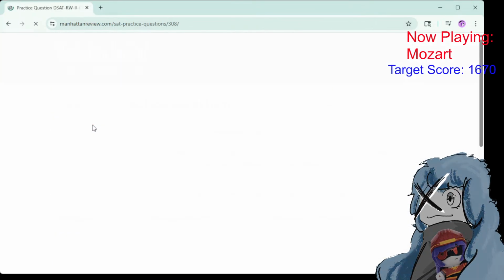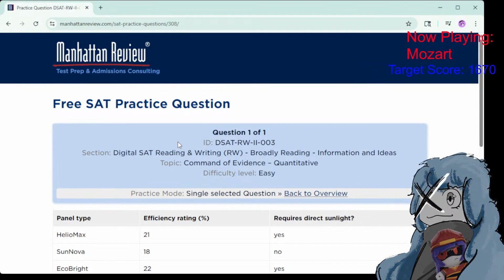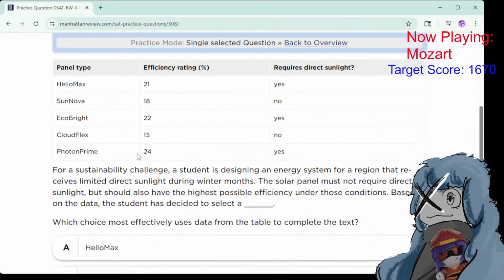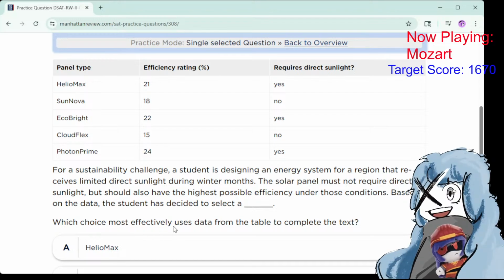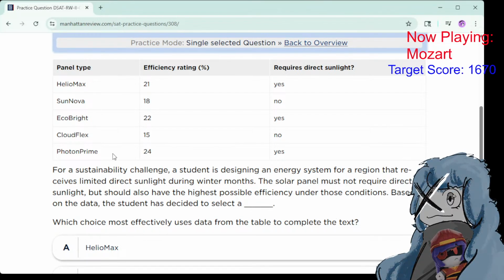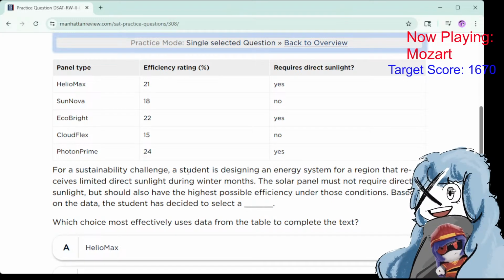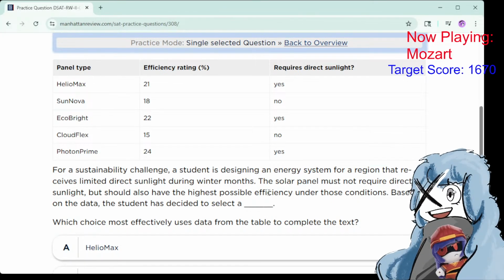This one's easy. Let's go. Easy, quantitative. Which choice most effectively uses data from the table to complete the text? For a sustainability challenge, the students design an energy system for a region that receives limited direct sunlight during winter months.